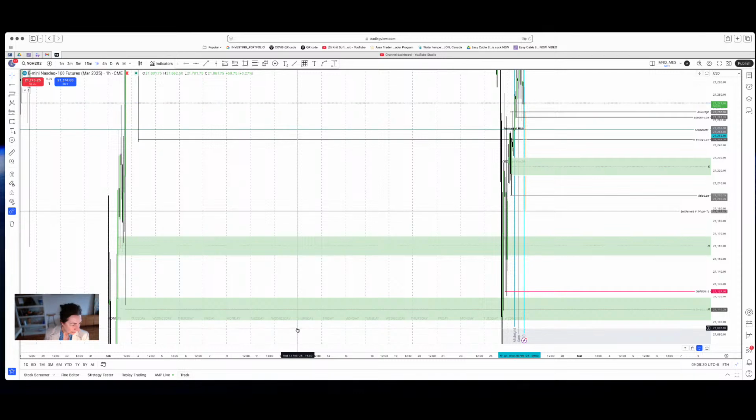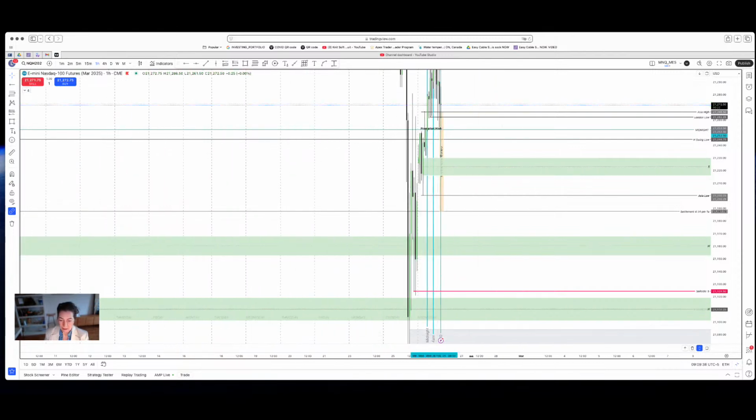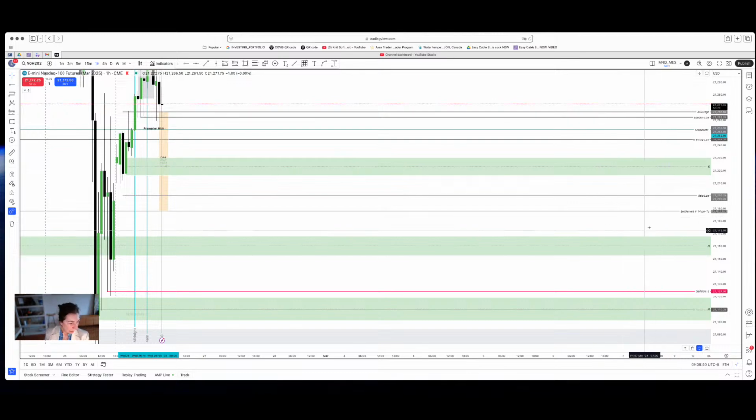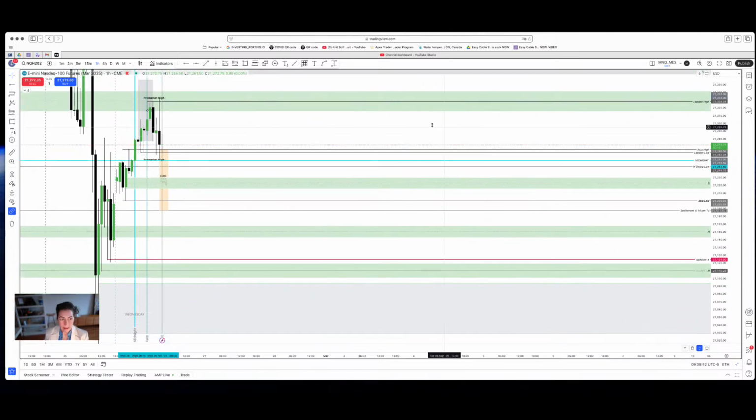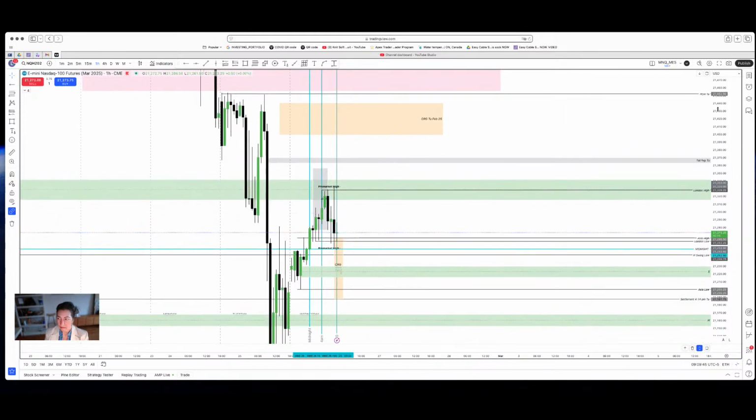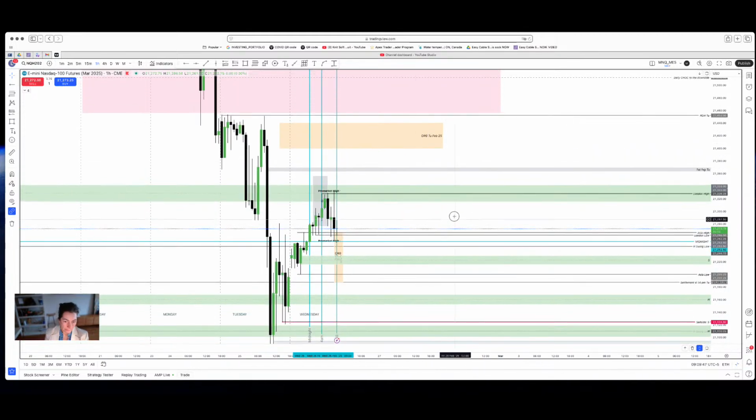SMT plus inverted fair value gap. Yeah, wait for the retest and I enter my target as 12 handles. Yeah, okay. I like inverted fair value gaps as well. Are you mostly a scalper, SMA? Is that kind of your comfort level?